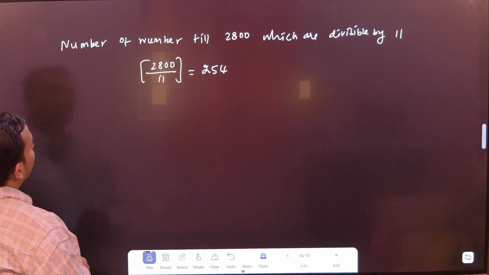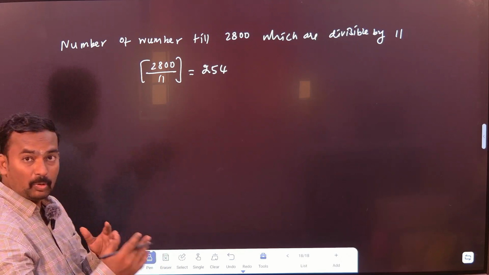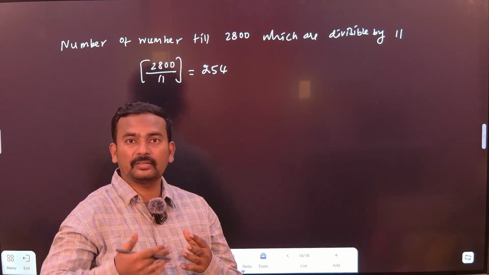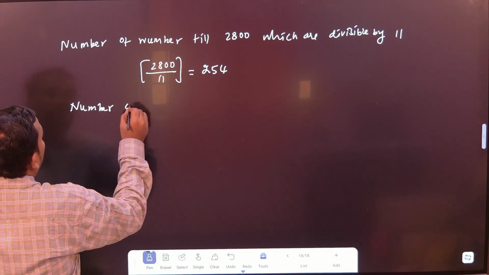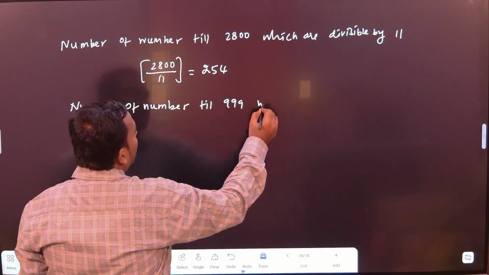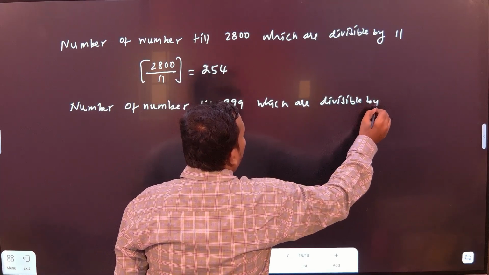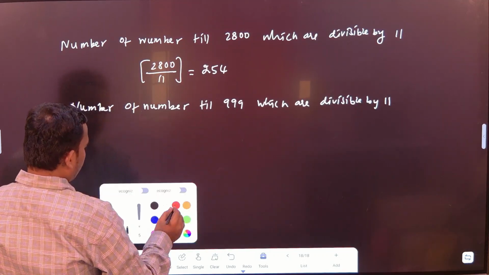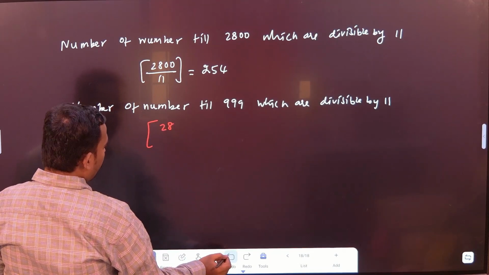Okay. Now we need actually 4 digit numbers. So now you have to remove the numbers up to the largest 3 digit number. So the number of numbers till 999 which are divisible by 11, how much will it be?